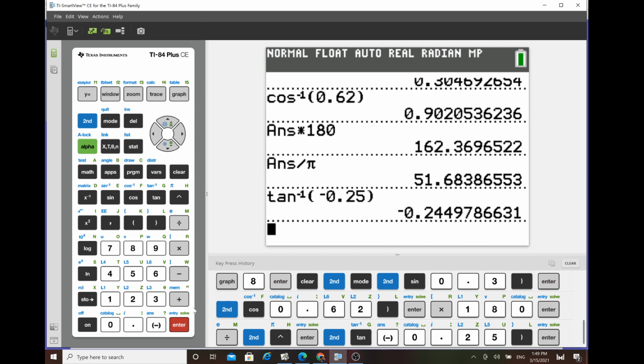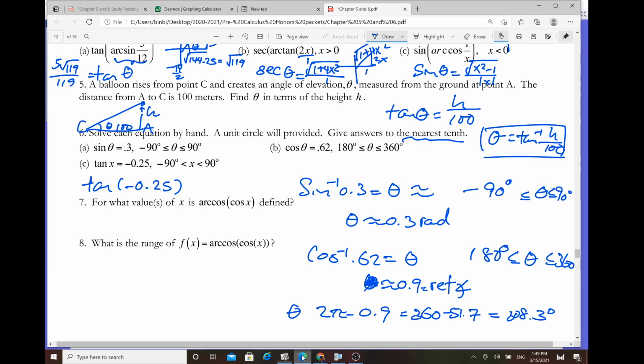So it's negative 0.2, rounded to the nearest tenth. So negative 0.2. Convert that to degrees. Okay, so multiply by 180 over pi.